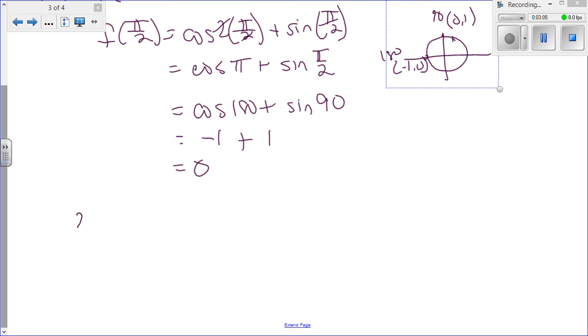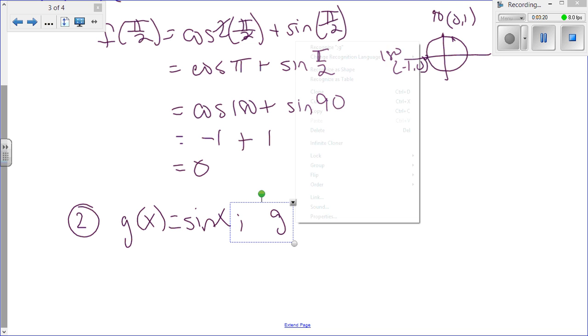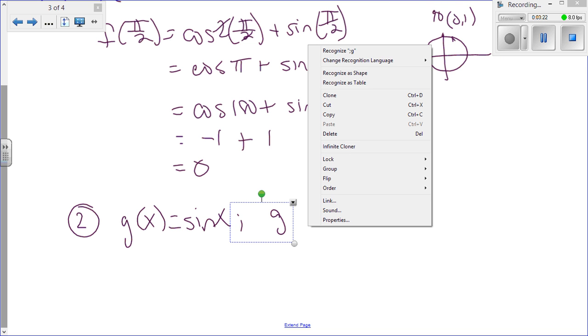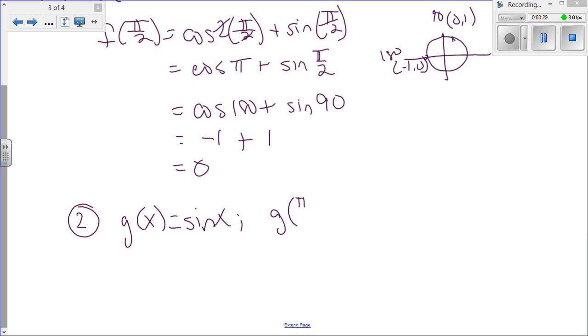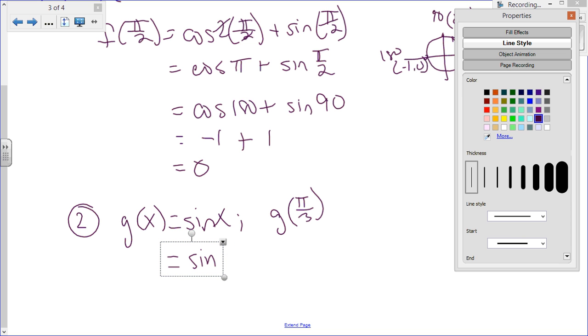For number 2, we have g of x is equal to sine x. Find the numerical value of g of pi over 3. In place of x, I'm going to put pi over 3.